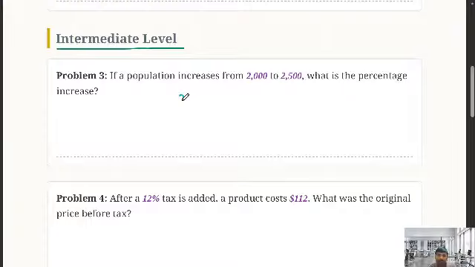At first the population was 2000 and it increased to 2500. How much did it increase? At first 2000 and after it is 2500. So 500 increased. What is the percentage increase?